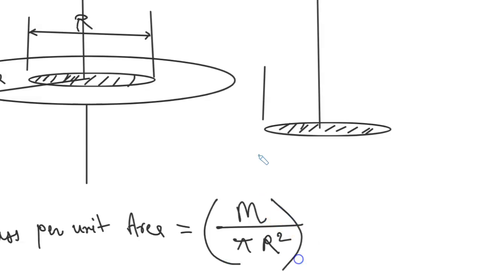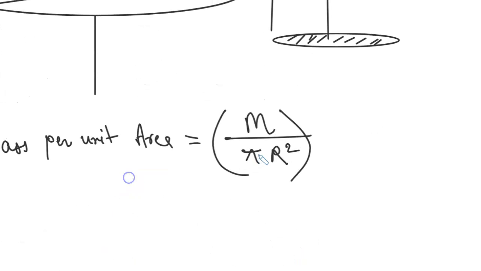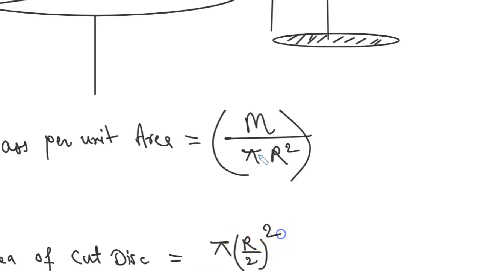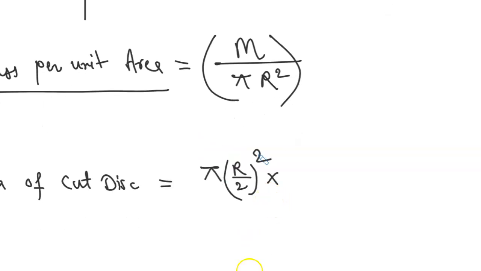Now find the area of the cut part. The area of the cut disk is pi (r divided by 2) square. Multiplying by mass per unit area gives the mass of the cut part.